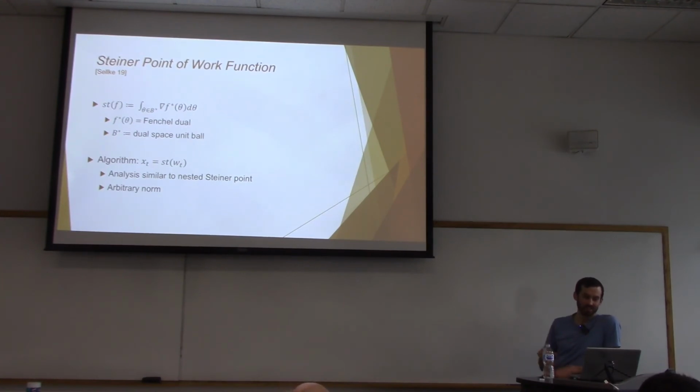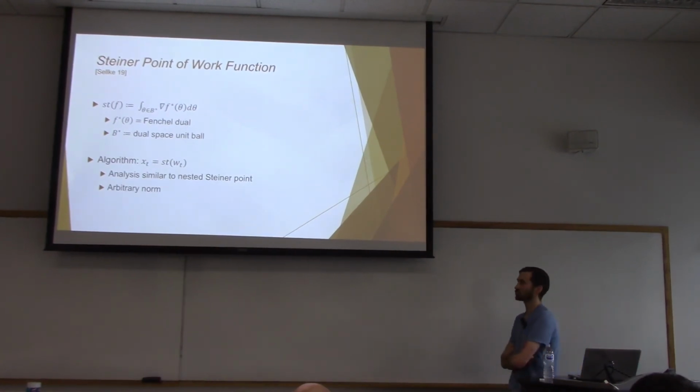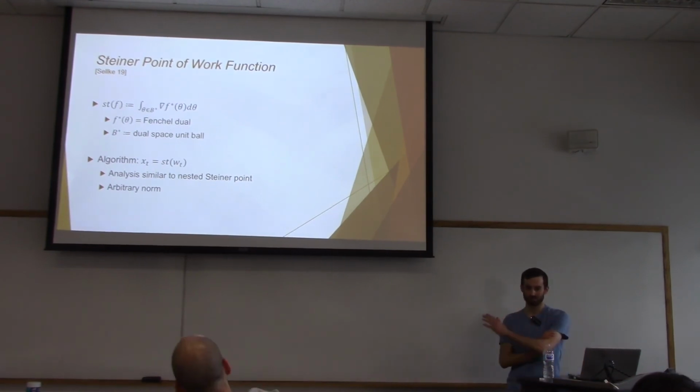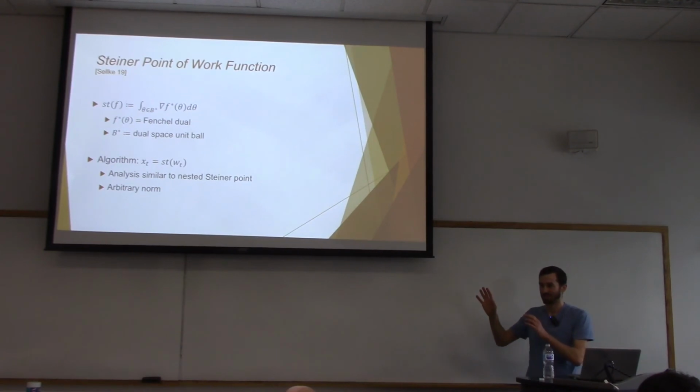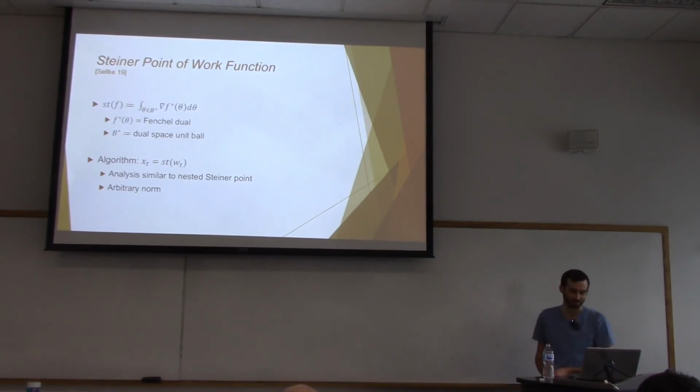And his definition is the average over theta in the dual ball of the gradient of the Fenchel dual of f evaluated at theta. If this doesn't make a lot of sense to you, I'm going to just refer you to the paper. I don't know that I can really explain much intuition on this in a couple minutes.